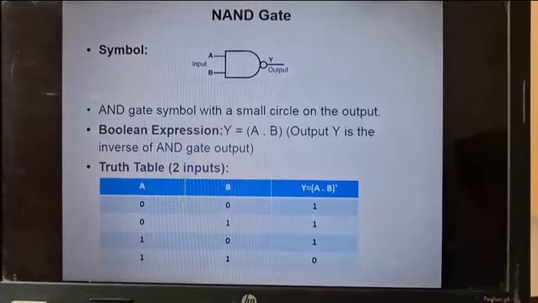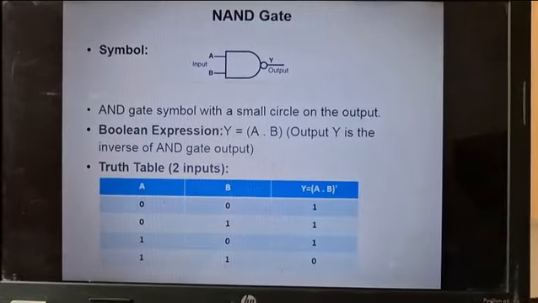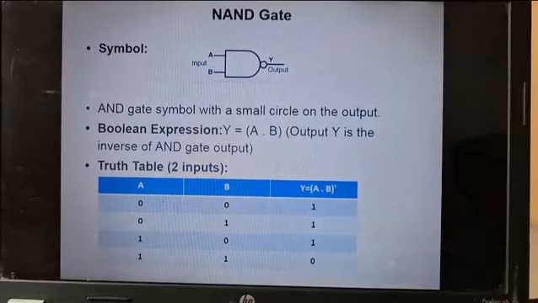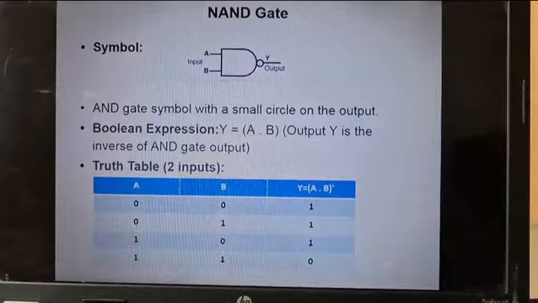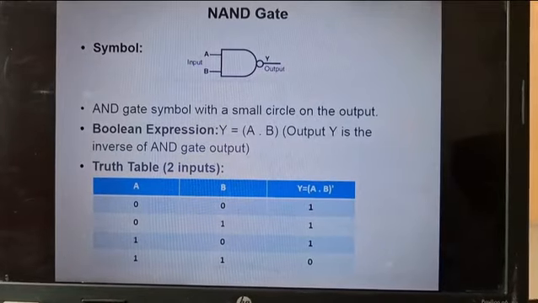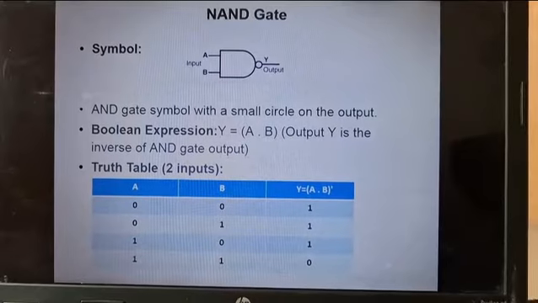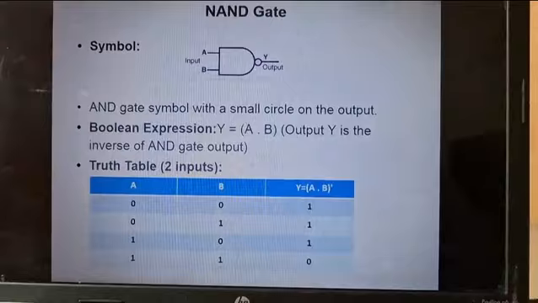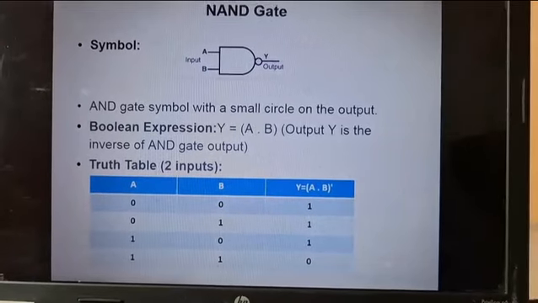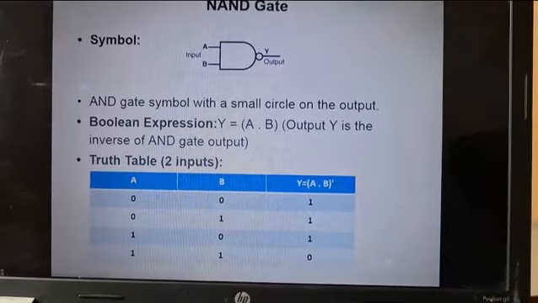That is, when inputs are 1 1, and then only, the output is 0. Otherwise, for all the other cases, the output of the NAND gate is 1. That means the NAND gate gives output 0 only when both the inputs to the NAND gate are 1.